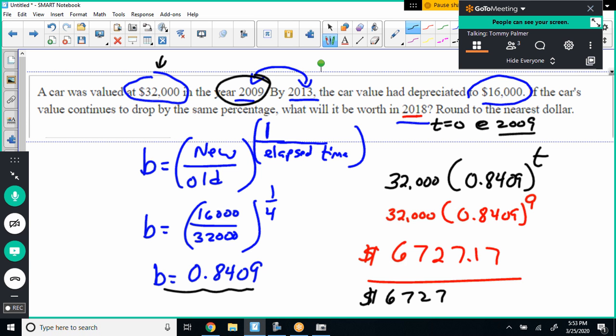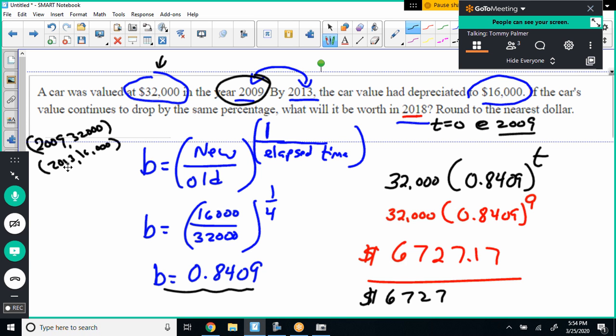I use it because if they give me 2 data points, which is really what they're giving me, like in 2009 it's 32,000, and in 2013 it's 16,000, you can write the equation from 2 ordered pairs.